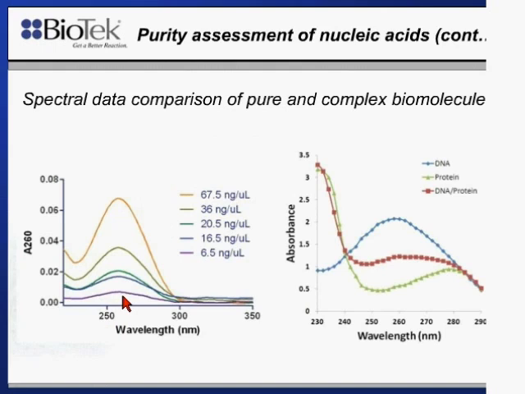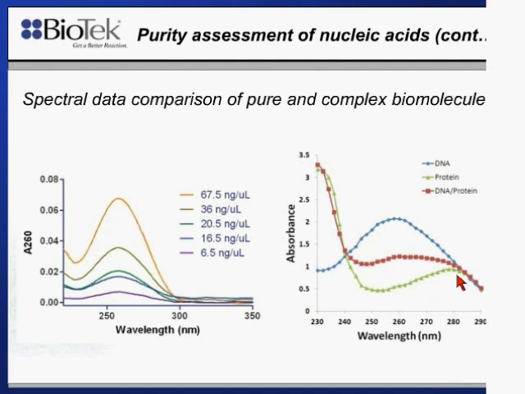Now if we look at a complex sample, as well as purified DNA and protein, what we'll notice is that the DNA sample will contribute quite a bit due to its absorbance peak at 260, whereas for protein, its major contribution is at 280. And so, of course, that's why we quantify protein at 280 and DNA at 260, as well as calculate that ratio.